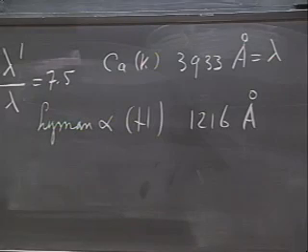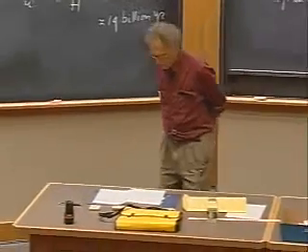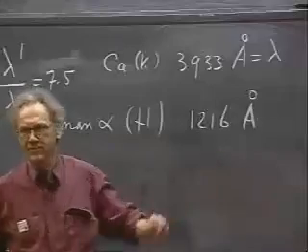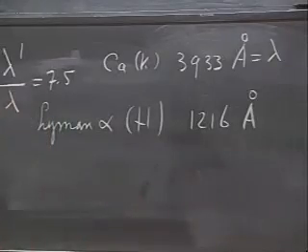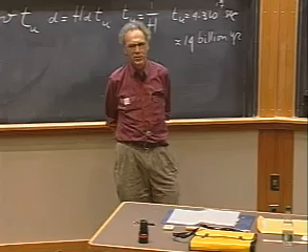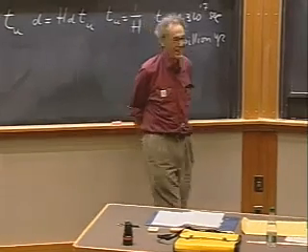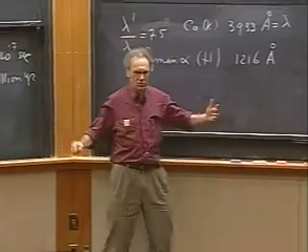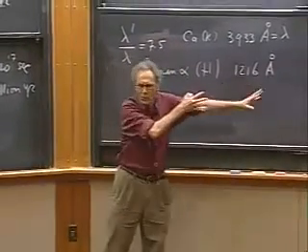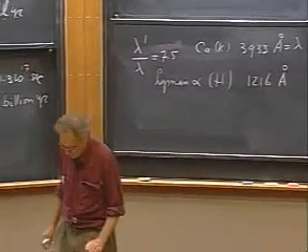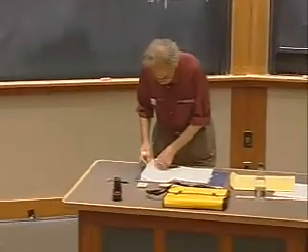The atmosphere absorbs the UV. But if you multiply this by 7.5, then you get it all the way down to about 9100 angstroms, which you can observe from the ground. And so it is remarkable, when you think of it, that lines which are invisible are shifted by the Doppler shift all the way to the extreme red part, to the infrared part of the spectrum, where they can just barely be seen.